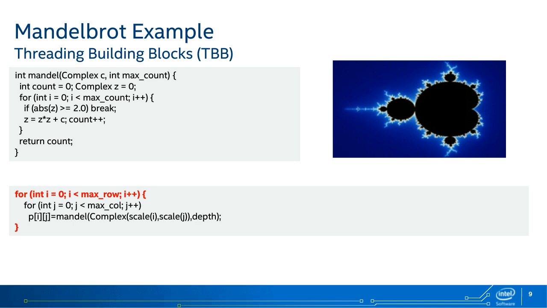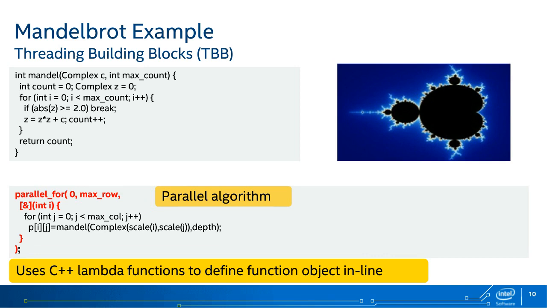So we just take this outer loop that's iterating from 0 to max row, and we can use one of our generic parallel algorithms, parallel_for, to express this parallel algorithm.